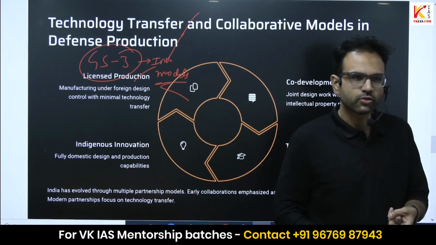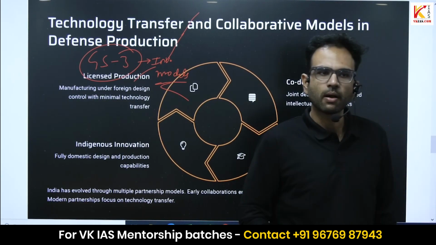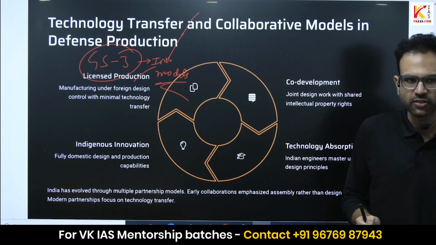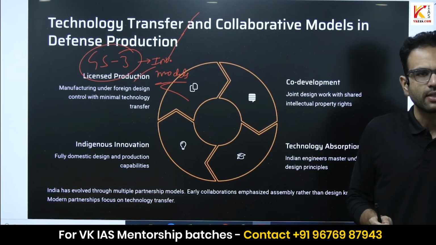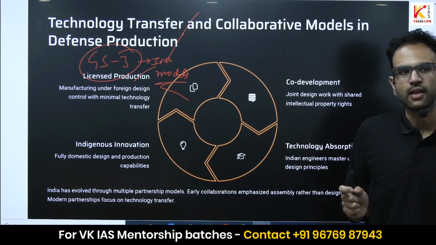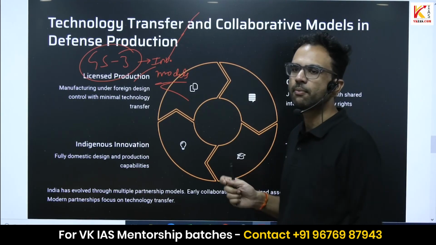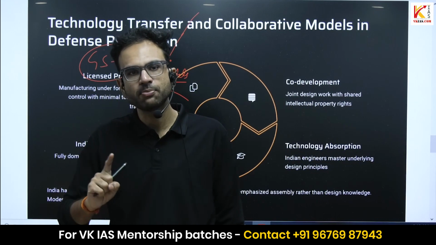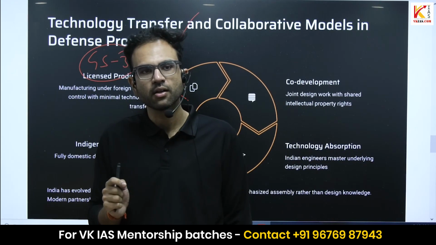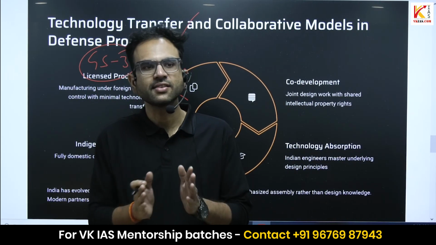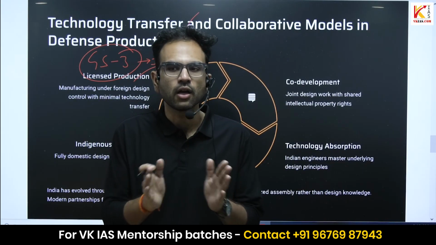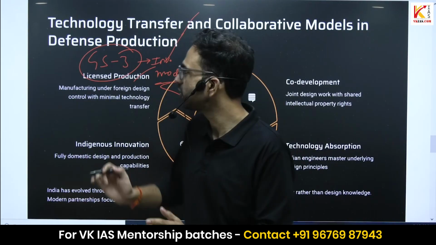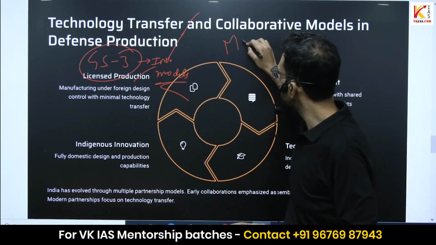For example, BrahMos. BrahMos is a missile. Have you heard this name? BrahMos? Recently, Operation Sindoor. It's one of the fastest and quickest and most lethal weapons that India has right now. It can go much beyond its declared range, but because there are international control regimes like the Missile Technology Control Regime, this is one name that you can remember, MTCR.